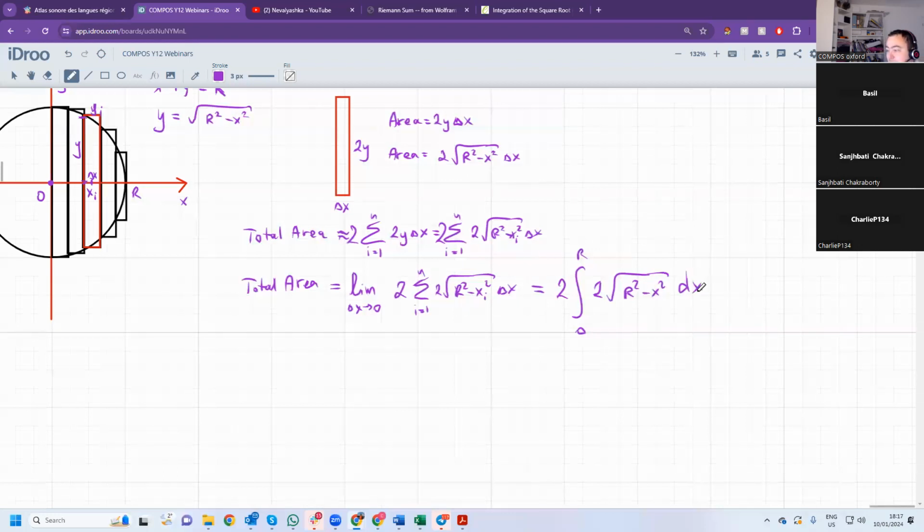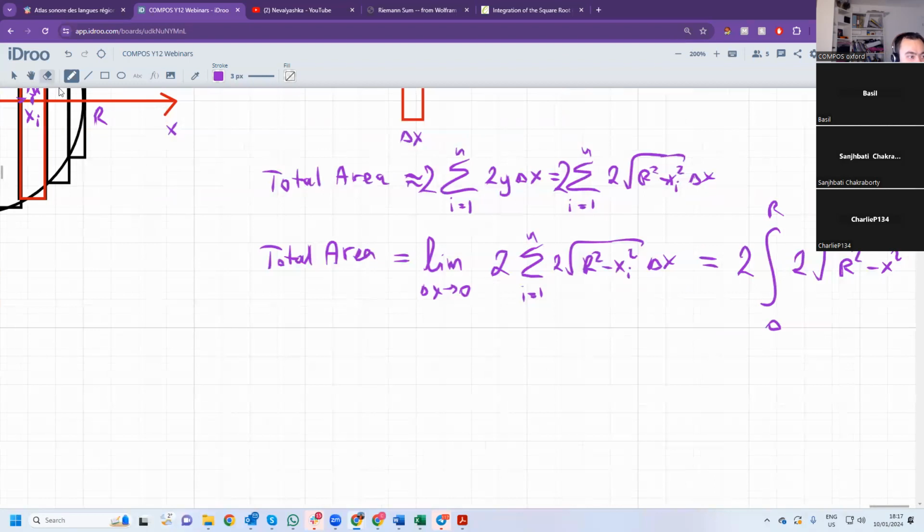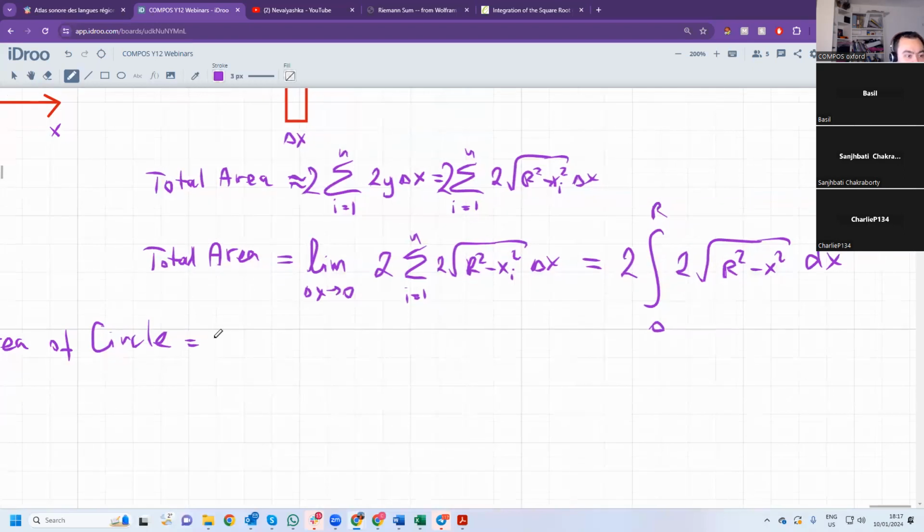So delta x becomes dx. All right, so the area of a circle is, now we take the 2 out, so it becomes 4 times the integral from 0 to r of square root of r squared minus x squared dx.